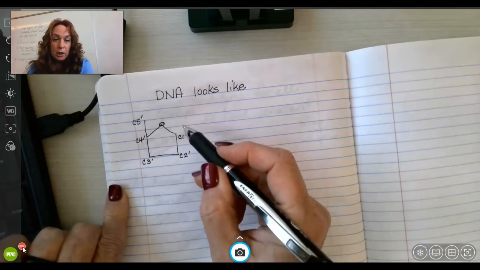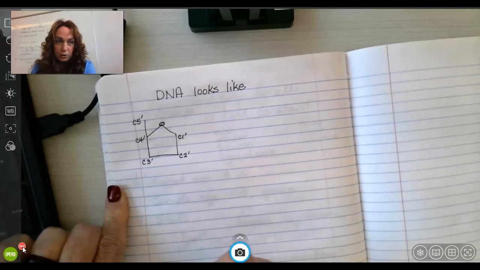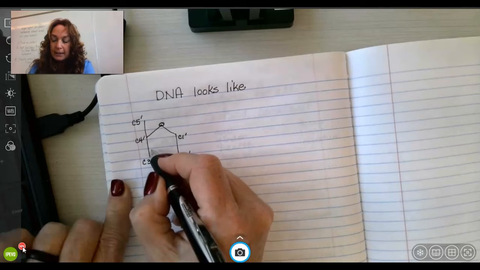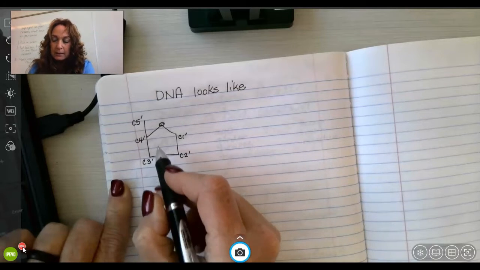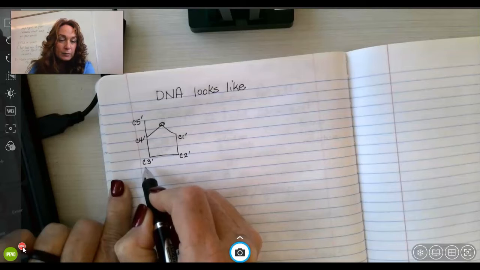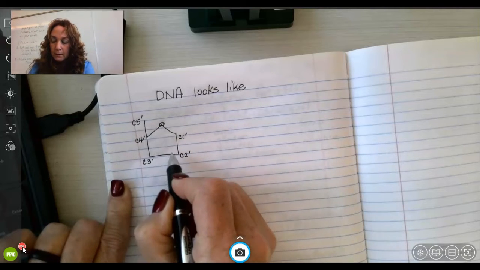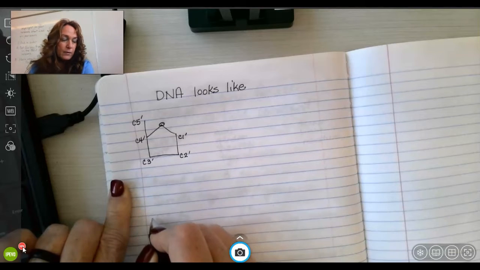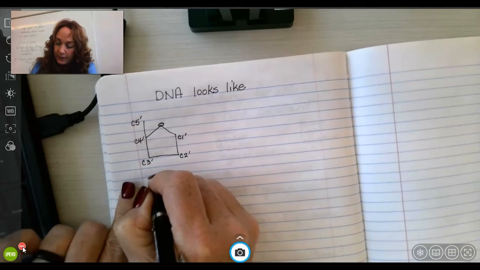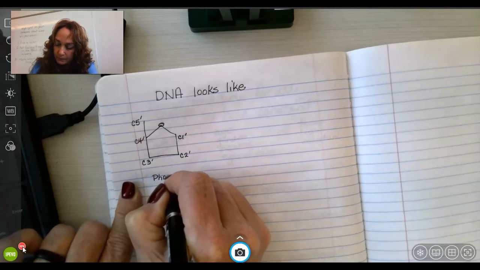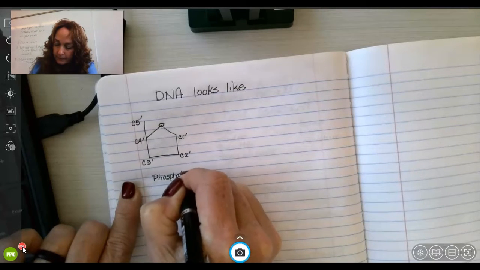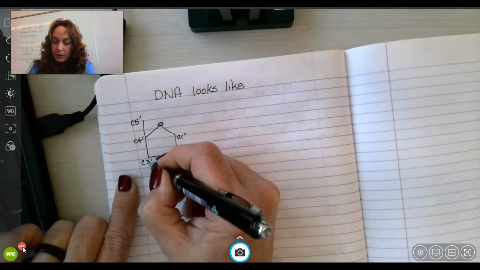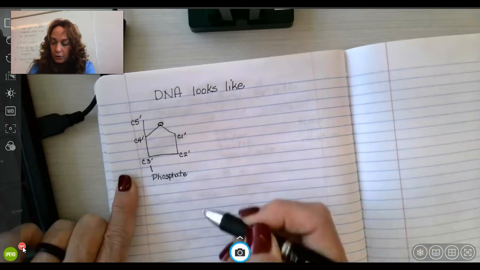Your DNA we talked about, sugar, phosphate, sugar, phosphate, sugar, phosphate, right? So here's the sugar. The phosphate group is between the 3 prime carbon of 1 sugar and the 5 prime end of the next one. So I'm going to have a phosphate group, let's put it here. And it's going to be covalently bound to this 3 prime end of this sugar.